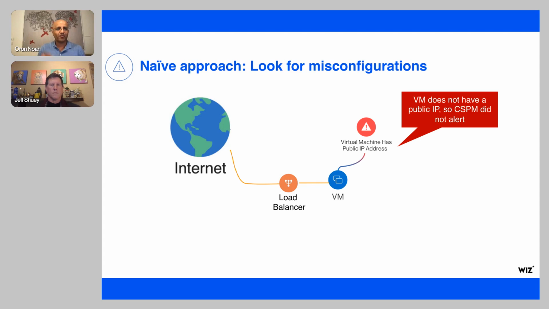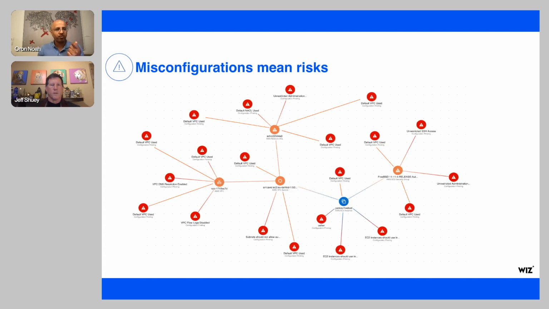But when you combine it with the real exposure and the real configuration in the cloud, you identify that this VM sits under a load balancer, and this load balancer actually gives it an IP and exposes it to the internet. So these are two examples: one noisy environment that triggers a false alarm, and, from the other hand, a misconfiguration and a risk in your cloud that the native approach will not be able to trigger.